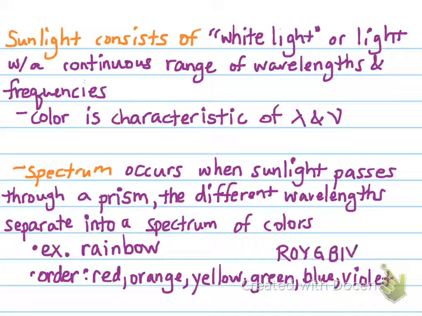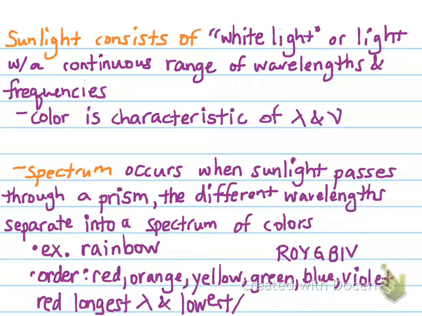I left the I out, that's indigo, because indigo really is a combination of blue and violet. When you talk about this spectrum of our visible light, the red has the longest wavelength and the lowest or smallest frequency.